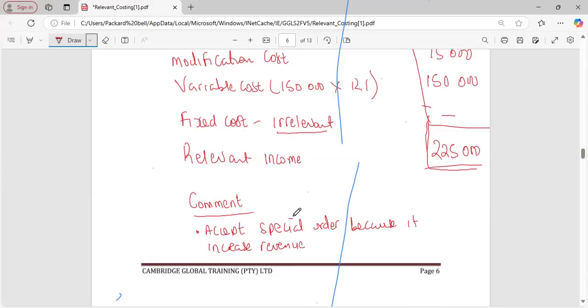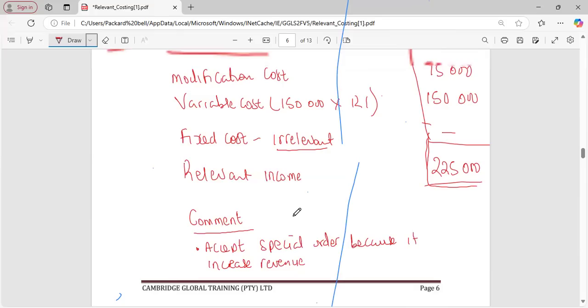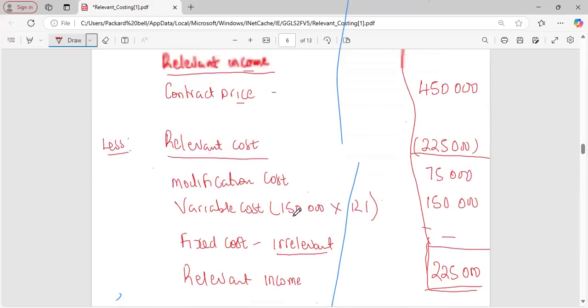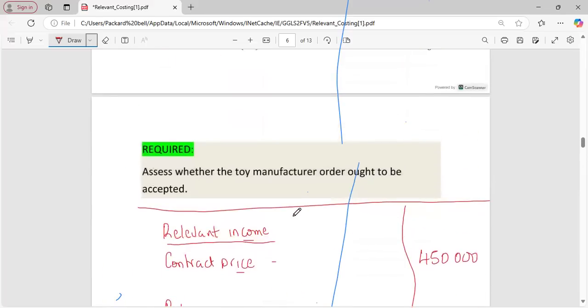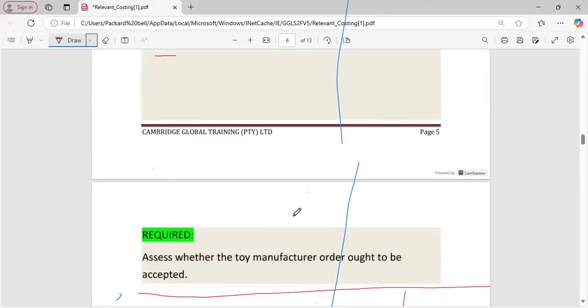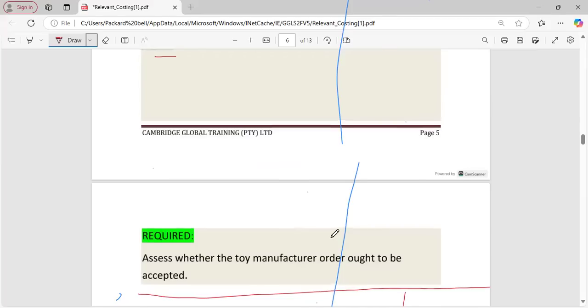Okay. So this might be long, whatever long it is going to be. But what I will emphasize is understand the question, which topic. That's the most important thing in your MSc. Which topic? Assess whether the toy manufacturer ought to accept the order. You have your scenario here.